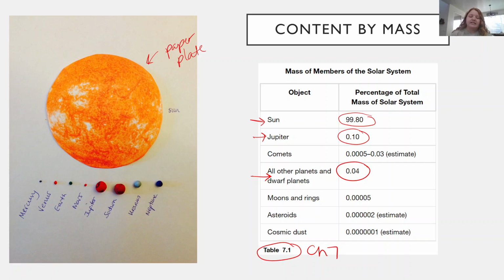All of those combined would be about 0.04%. Remember, these are percentages. Okay. Then we have moons and rings, asteroids, and cosmic dust. Okay, so the main point here I want to make is that the sun makes up most of it. Jupiter takes up the next most, and then all of our other planets and dwarf planets make up a small, small amount.